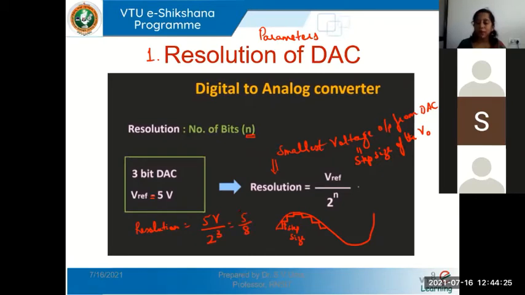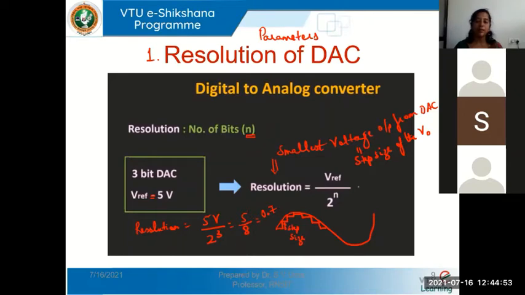So whatever value you get here, I think you will get around how much? 0.7 something. So you will get the smallest step size or the least analog output voltage from the DAC as 0.7 volts, which represents the resolution of the DAC.